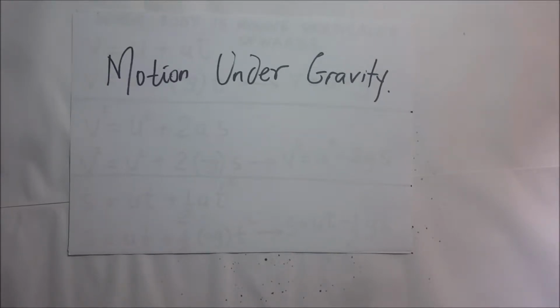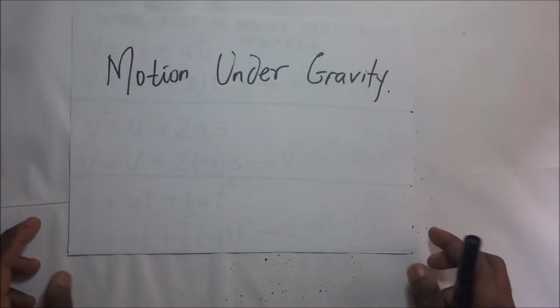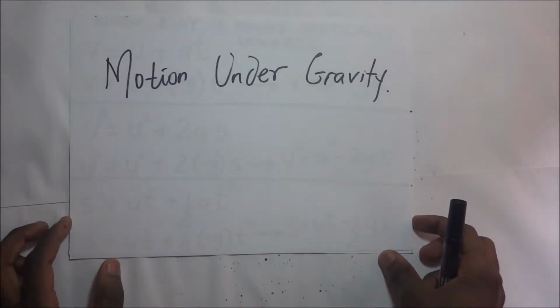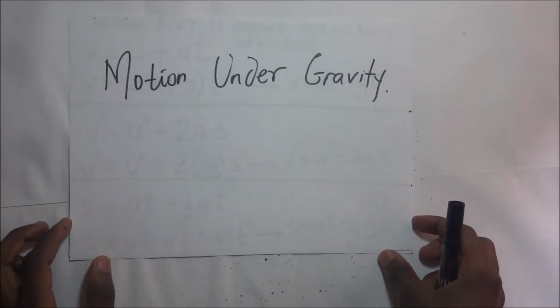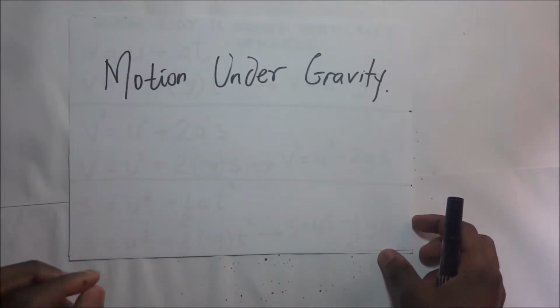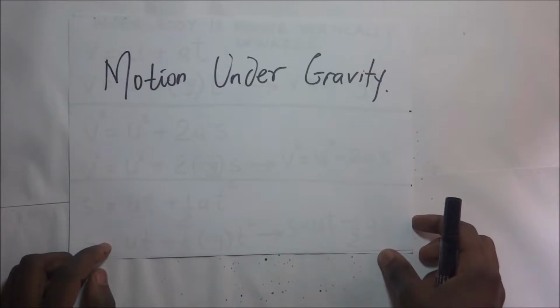Now, gravity varies from place to place depending on where you are on the earth. In some places, gravity is 10 meters per second. In others, it is 9.8. Now, for the purposes of this video, we shall take our value of gravity, or the acceleration due to gravity, to be 9.8 meters per second.